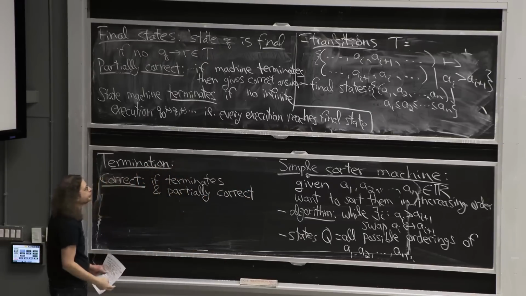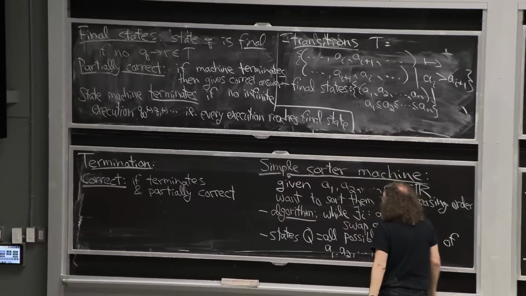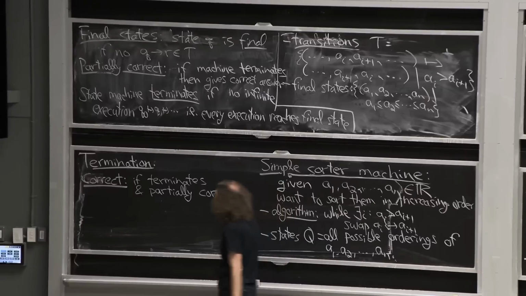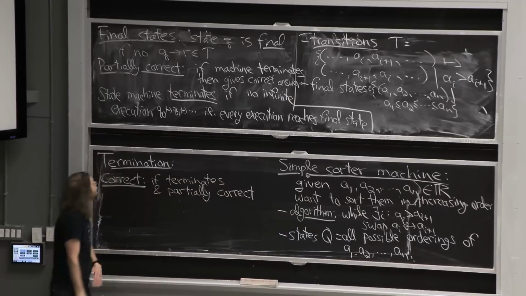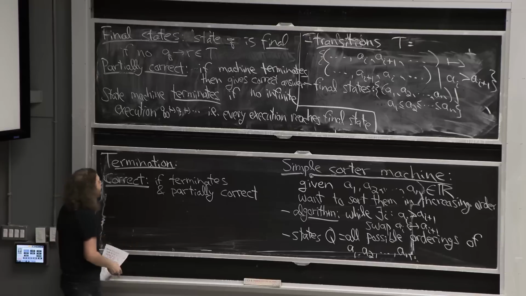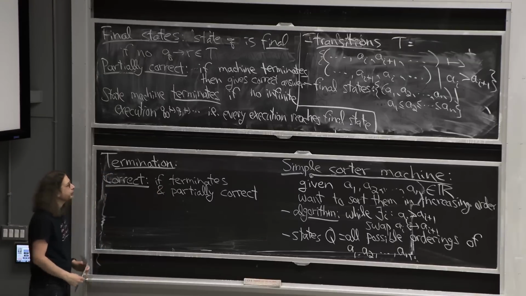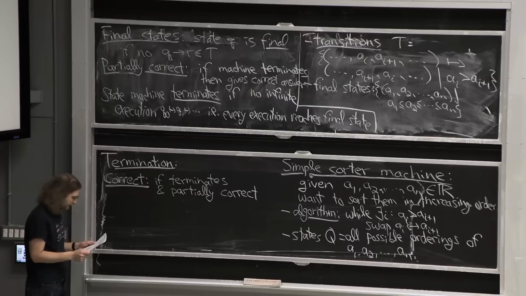We want to get them in order so that this holds: A1 is less than or equal to A2 is less than or equal to and so on. Okay, so we've proved partially correct, but we need to prove correct. And in particular, we need to show that it terminates. So we need some tools for proving termination for this machine.